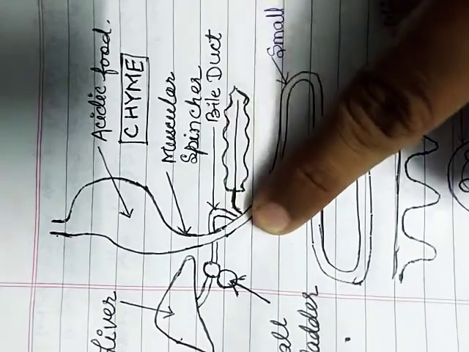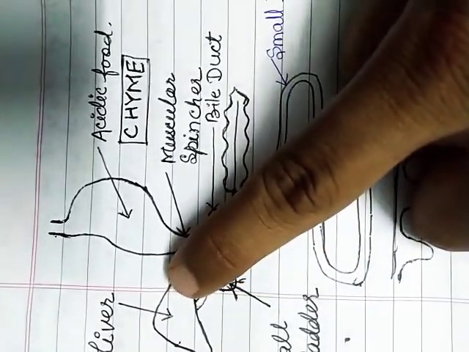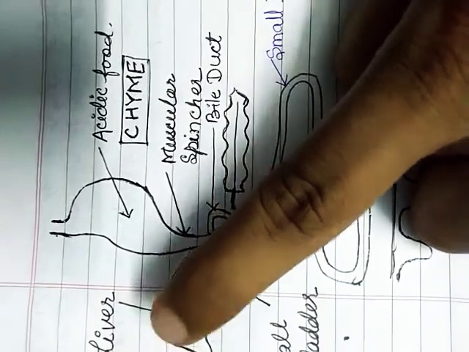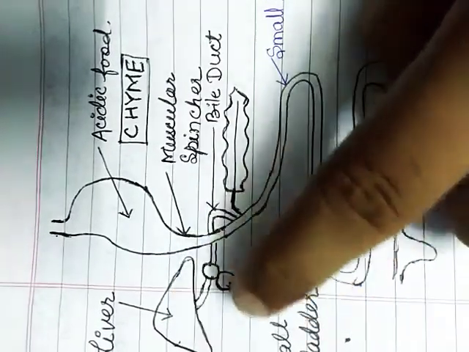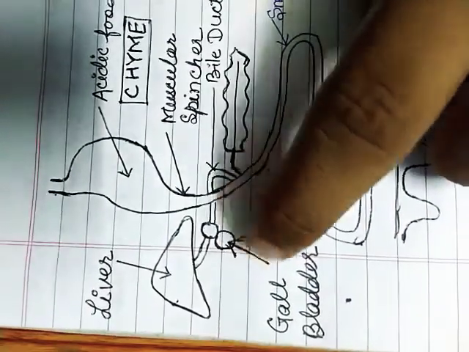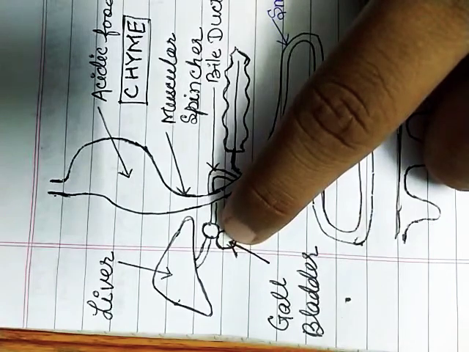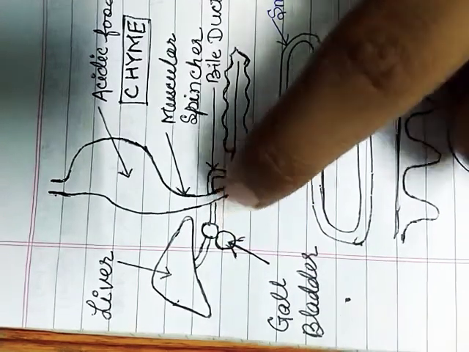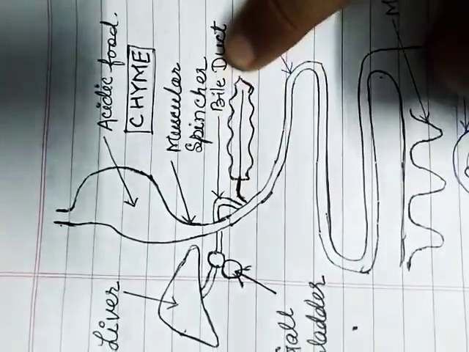The first basic material is obtained from the liver. Liver produces bile juice. This bile juice is stored in the gallbladder. This gallbladder gives the bile juice to the small intestine by the bile duct.